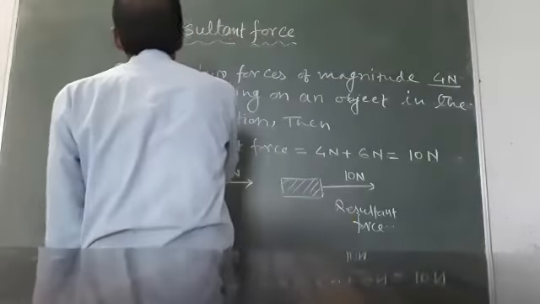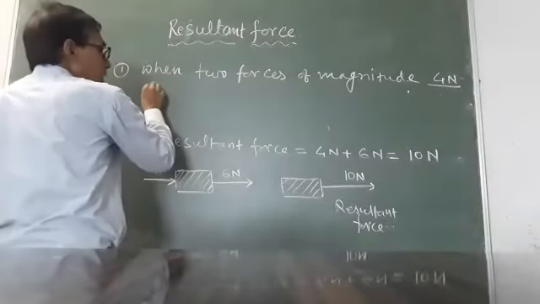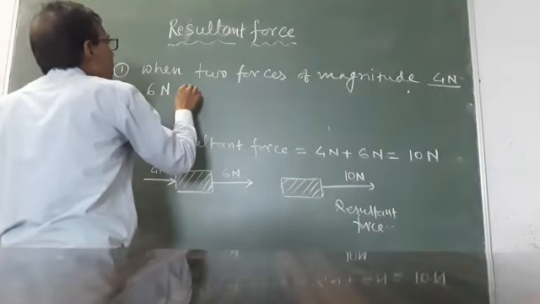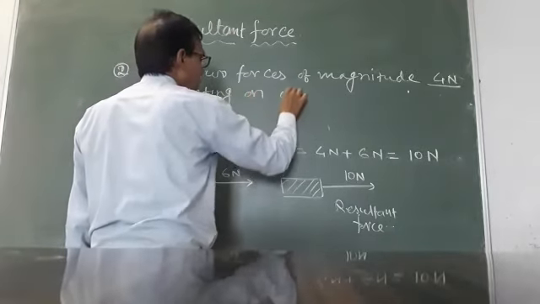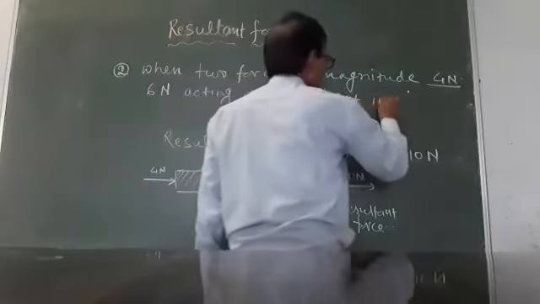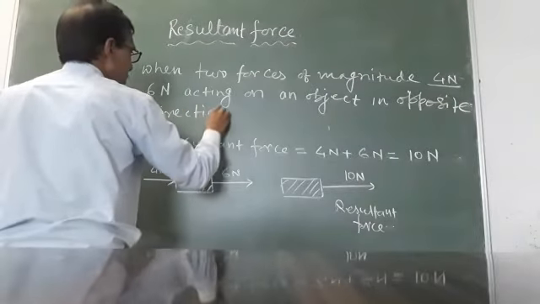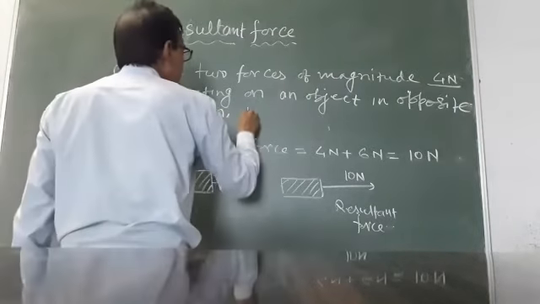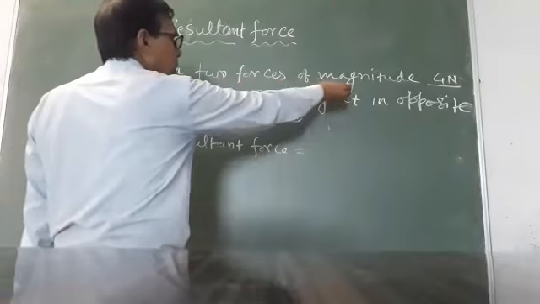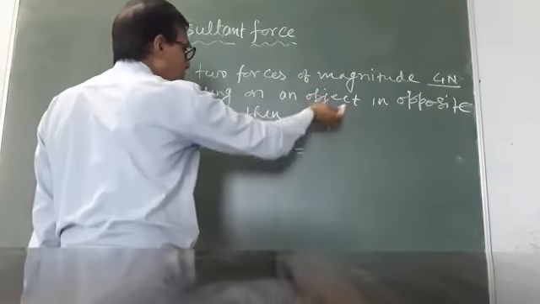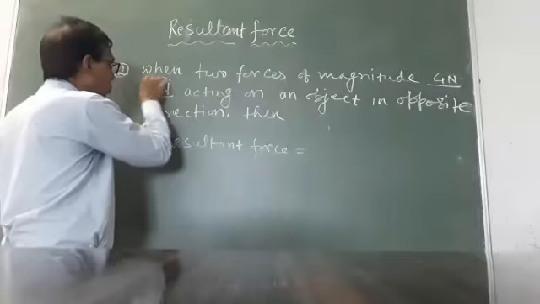Now in the second case, when two forces of magnitude 4 Newton and 6 Newton are acting on an object in opposite direction, then the resultant force is equal to the difference of these two forces.